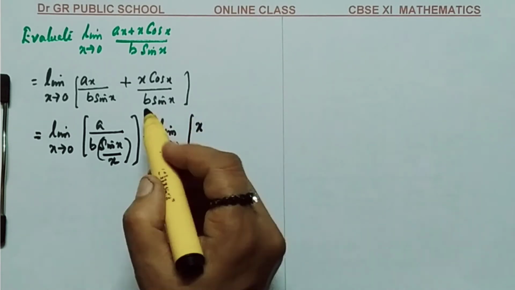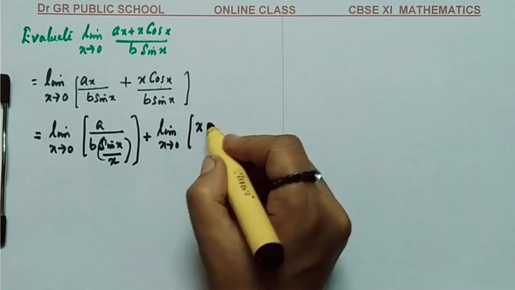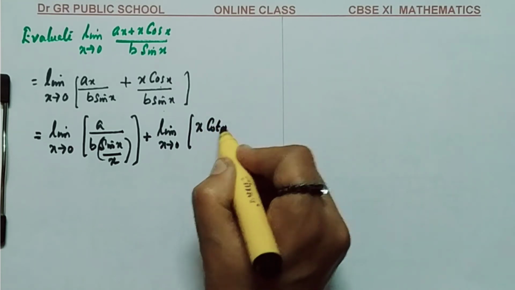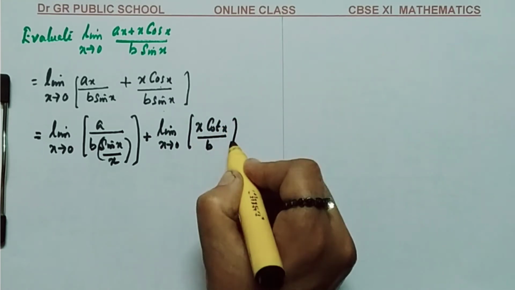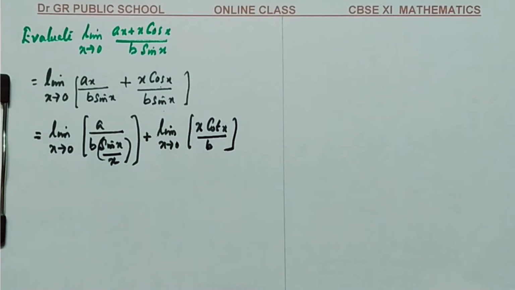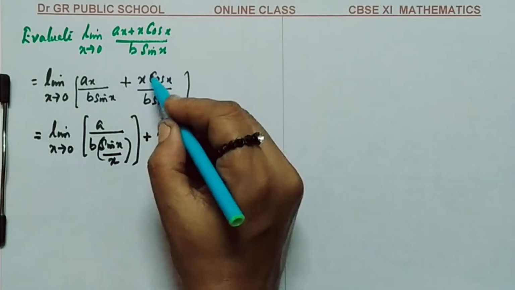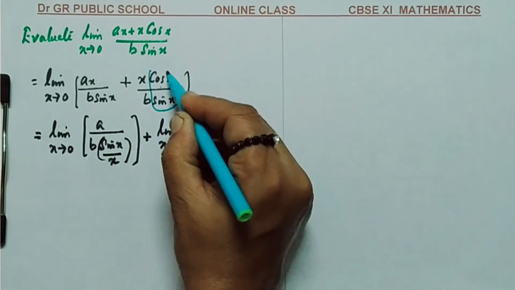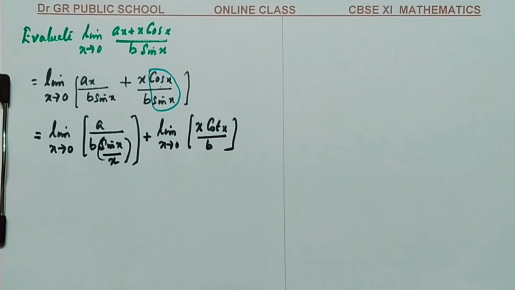x cos x by sin x can be written as cot x by b. x cos x by sin x, this much is cot x, cos x by sin x. This much will become cot x.